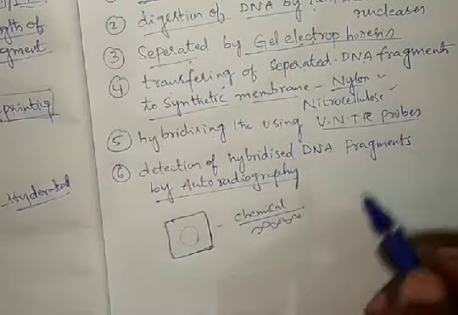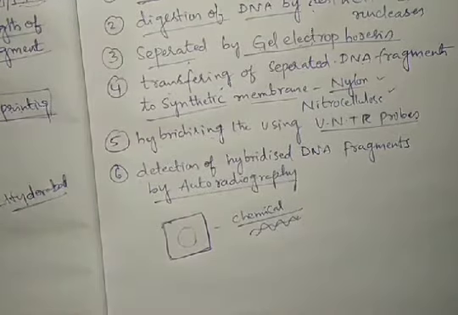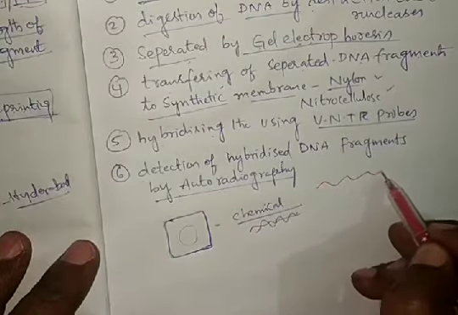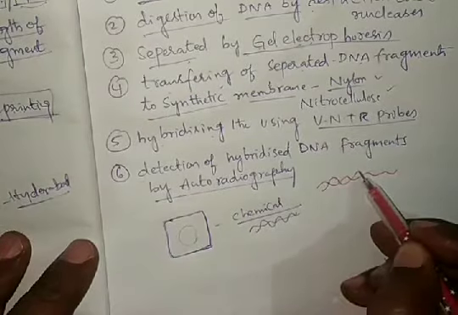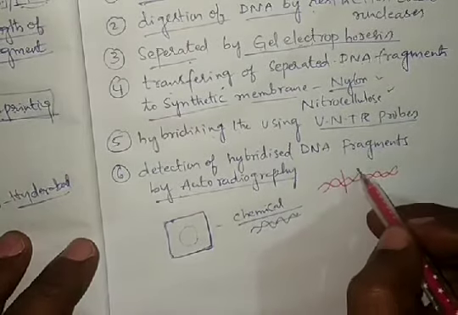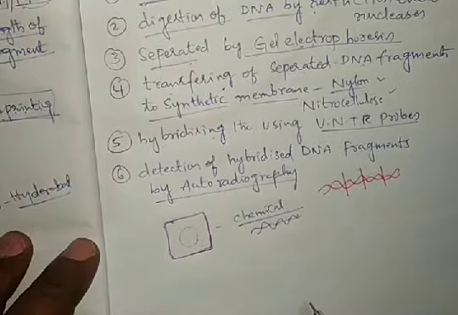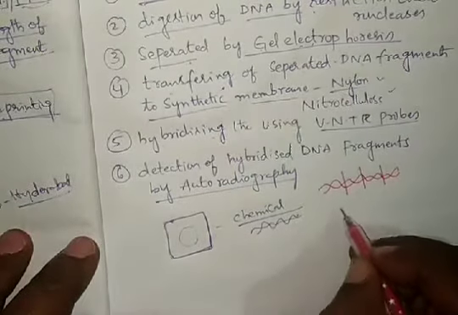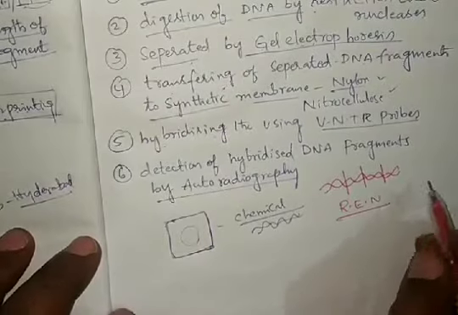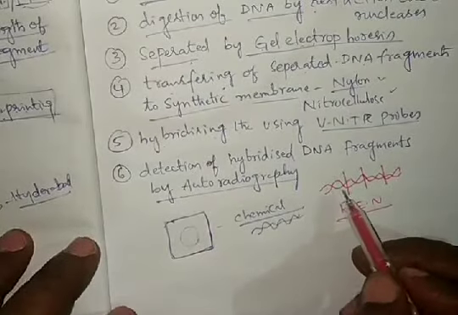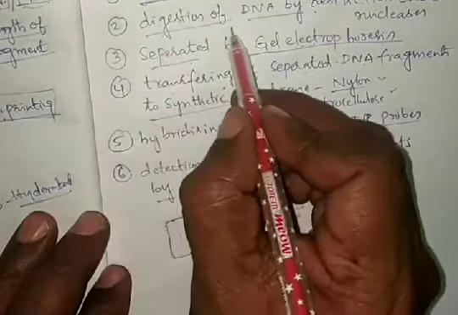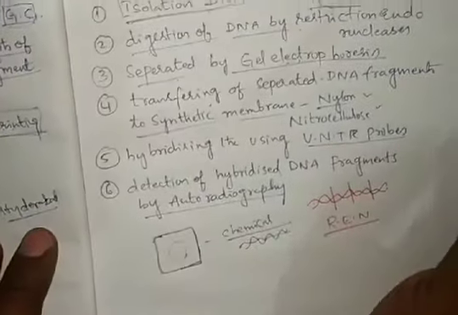This separated DNA is cut into many pieces by the restriction endonucleases. That is called digestion of DNA by restriction endonucleases.